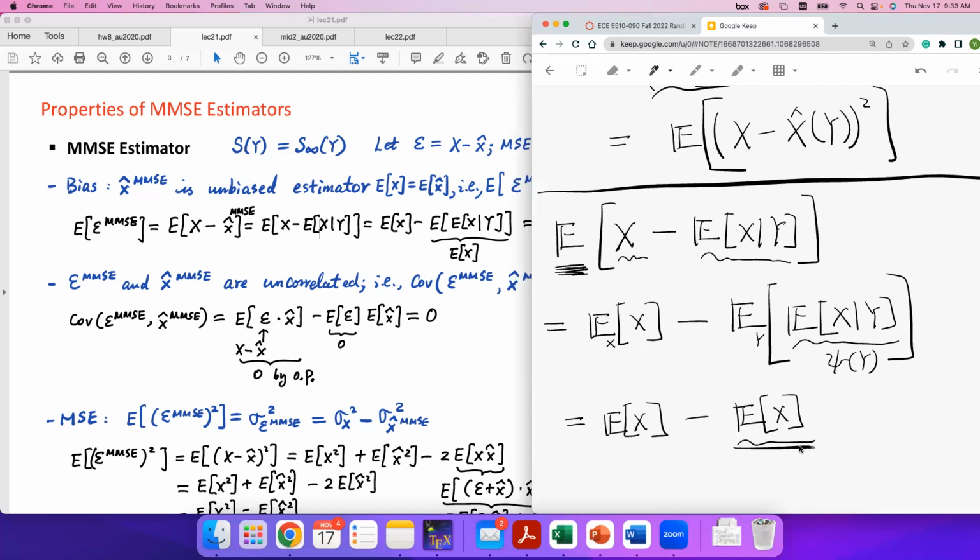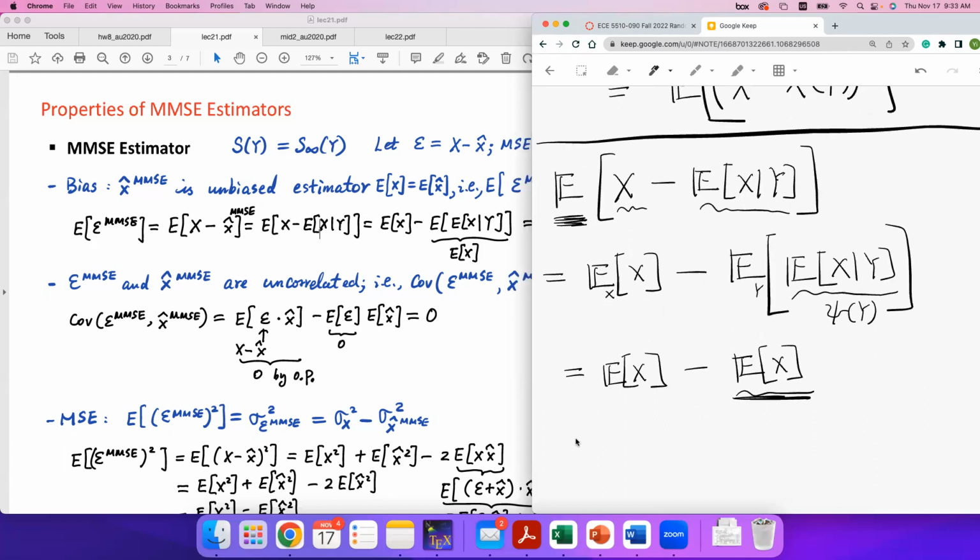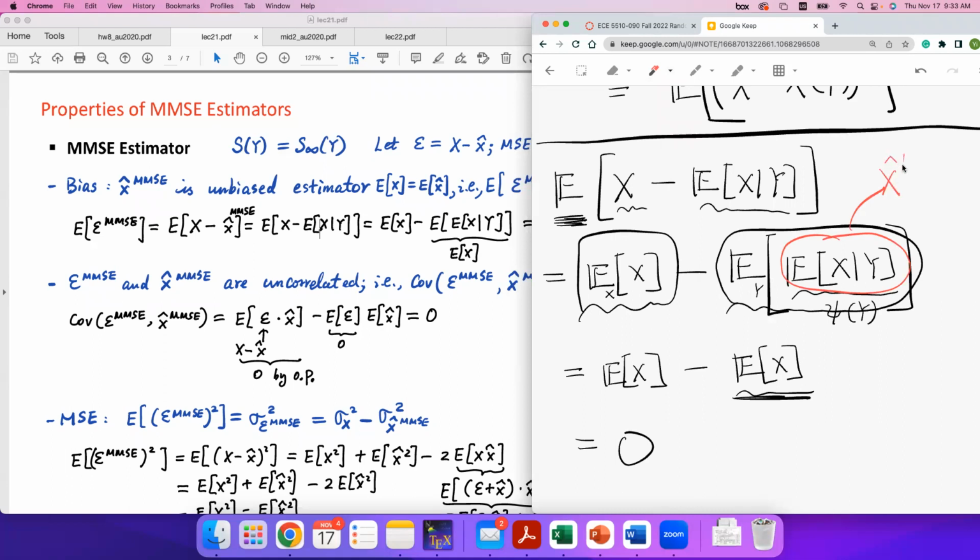In the end, we get the mean of x. So this shows that this is 0. This means that the mean of x equals the mean of your MMSE estimator.